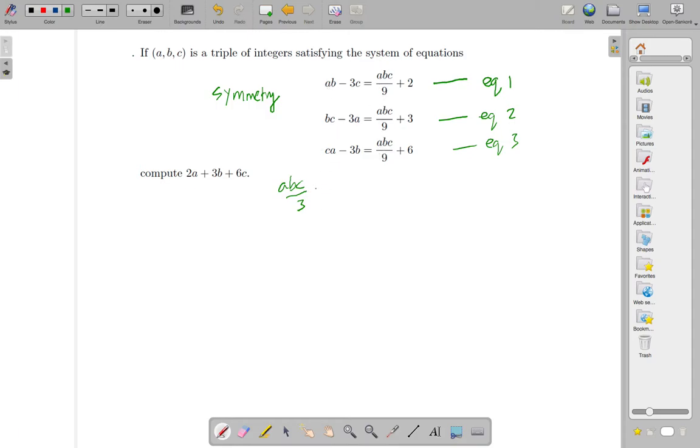So if I subtract AB, BC, and CA, what else is left? Plus 3 times A plus B plus C, plus how many numbers? 6 plus 3, 9 plus 2, 11. Plus 11 equals 0. That's what I get by adding all these.